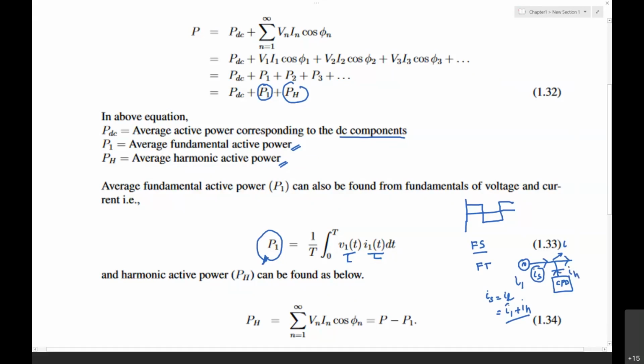See, knowing this fundamental alone, from the P1 equation, once you find the fundamental voltage and fundamental current, we can find P1. What we get is P1 from the voltage, something like V1 voltage magnitude, and the I1 magnitude.